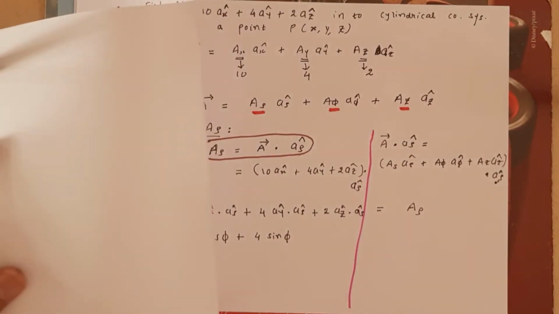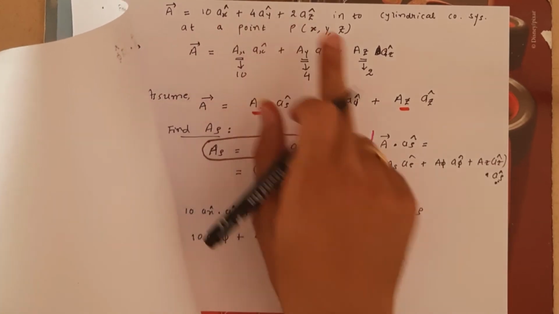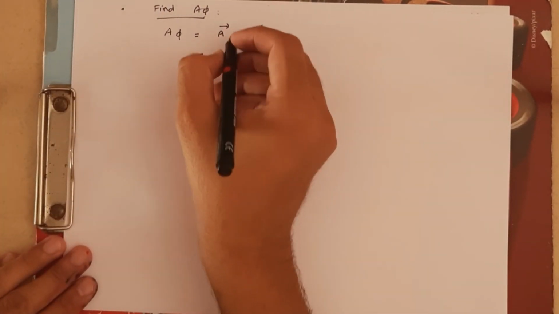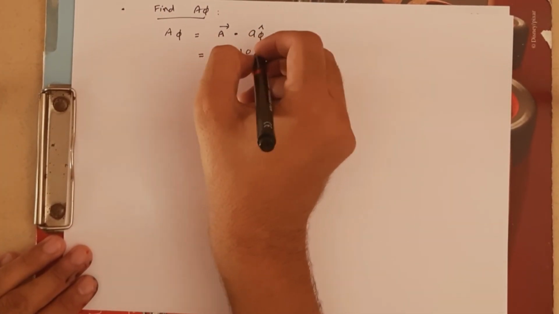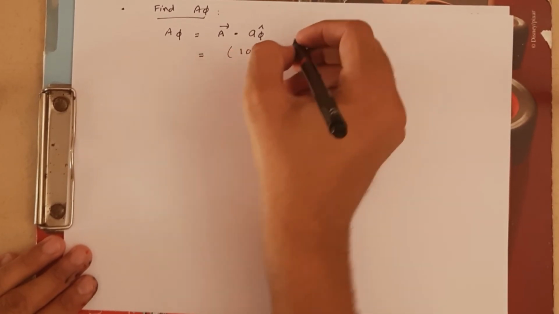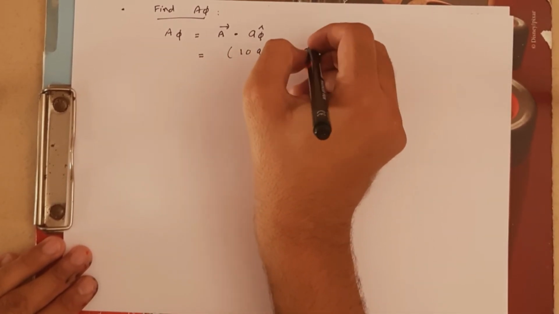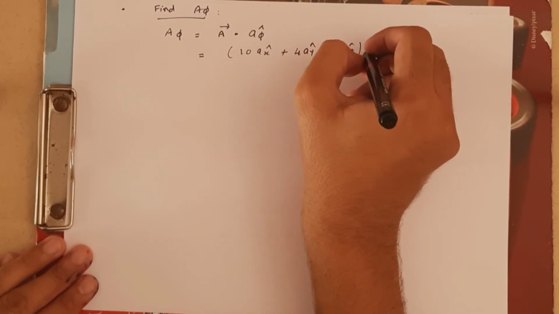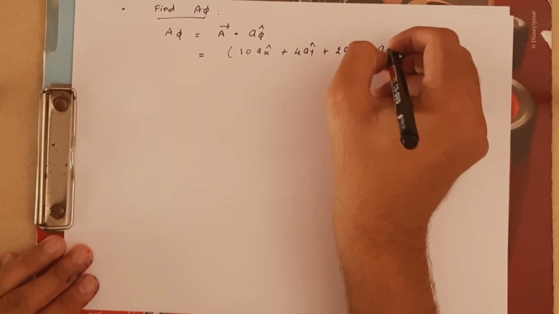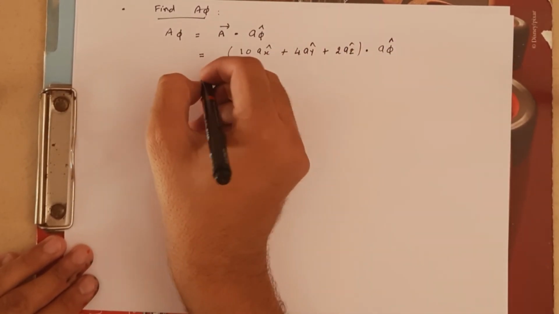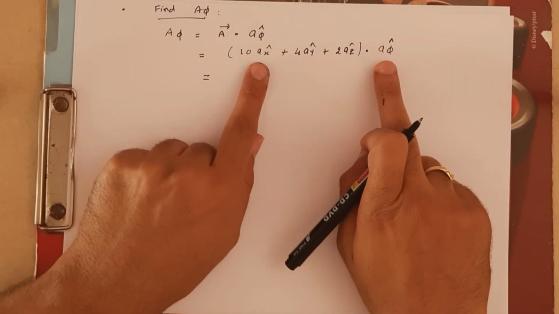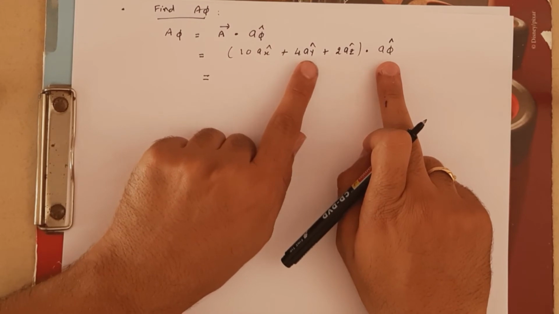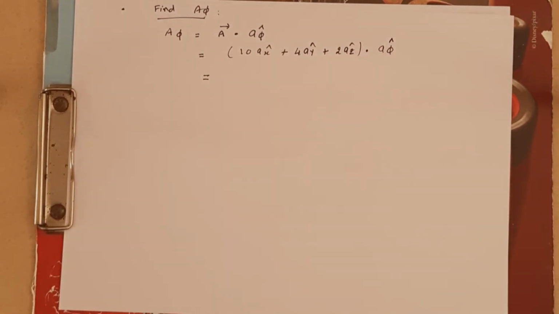What is the A vector? Tan ax plus 4ay plus 2az, dot product with aφ. So now it is ax dot aφ, ay dot aφ and az dot aφ.